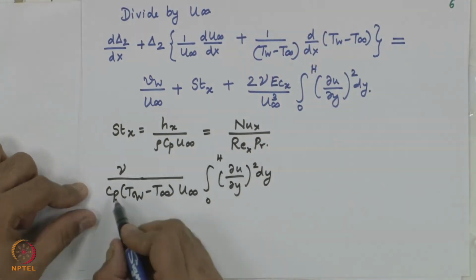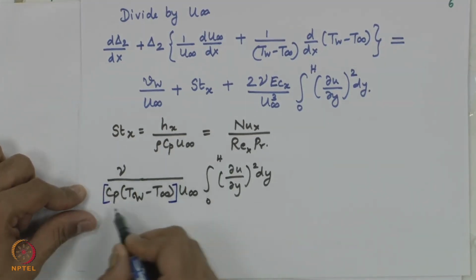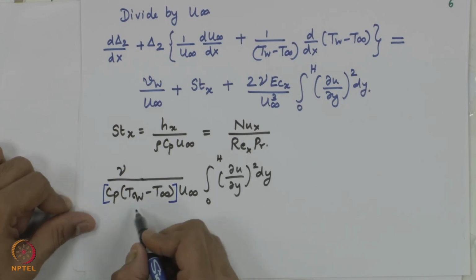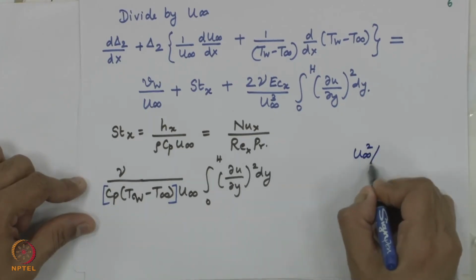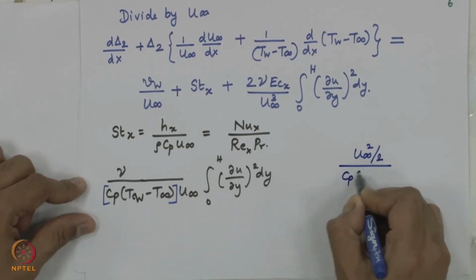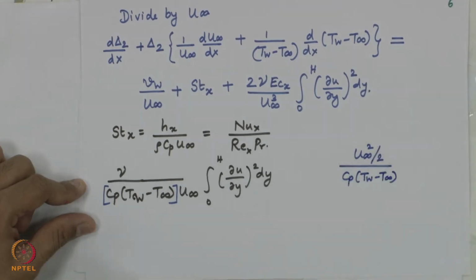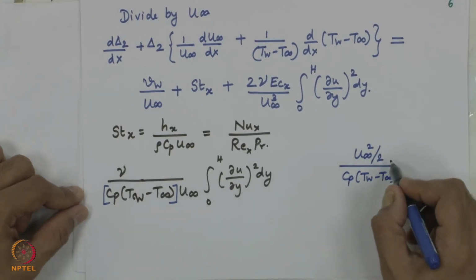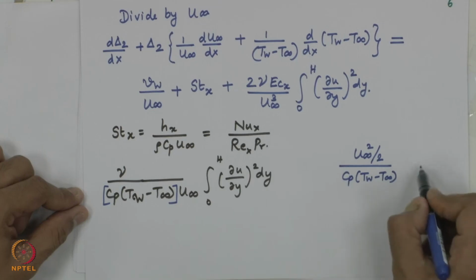Eckert number basically is the ratio of kinetic to sensible energy, with Cp delta T in the denominator. So, u infinity squared by 2 divided by Cp times T wall minus T infinity. This is the definition of the Eckert number. You substitute for this. That is why you get 2 times the Eckert number; the u infinity you have divided by gives 1 over Eckert number.